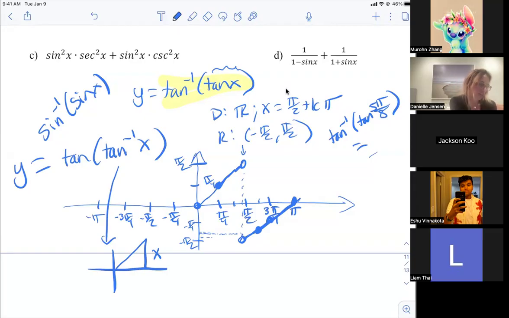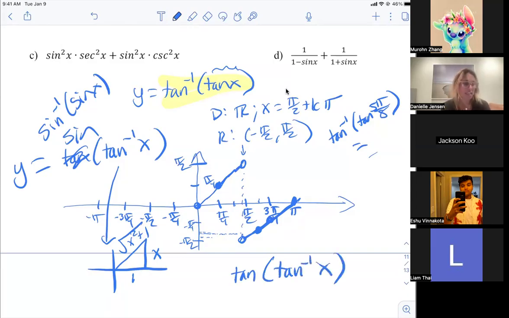It would be y equals x, except for certain things. Sorry, I was thinking of something else. I was thinking if I had given you sine of tan inverse of x. But if it was tan inverse of x, the input now would be what?